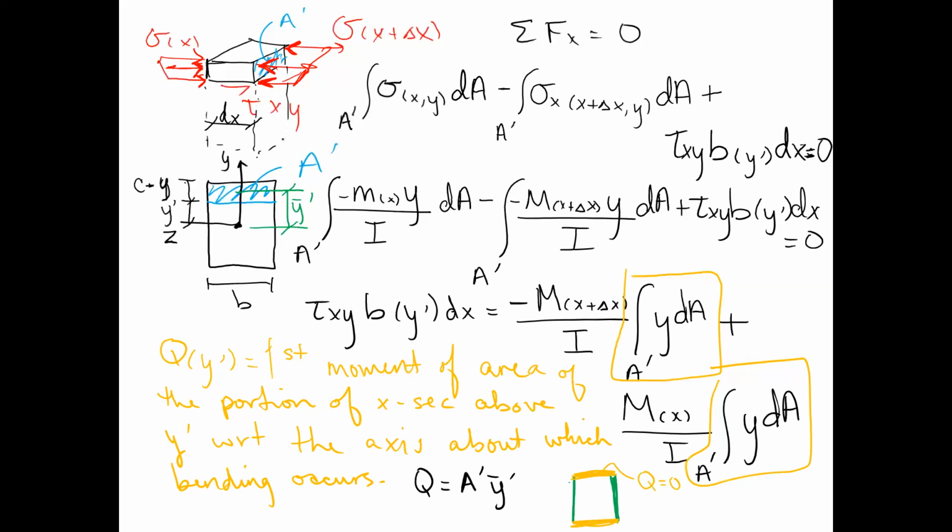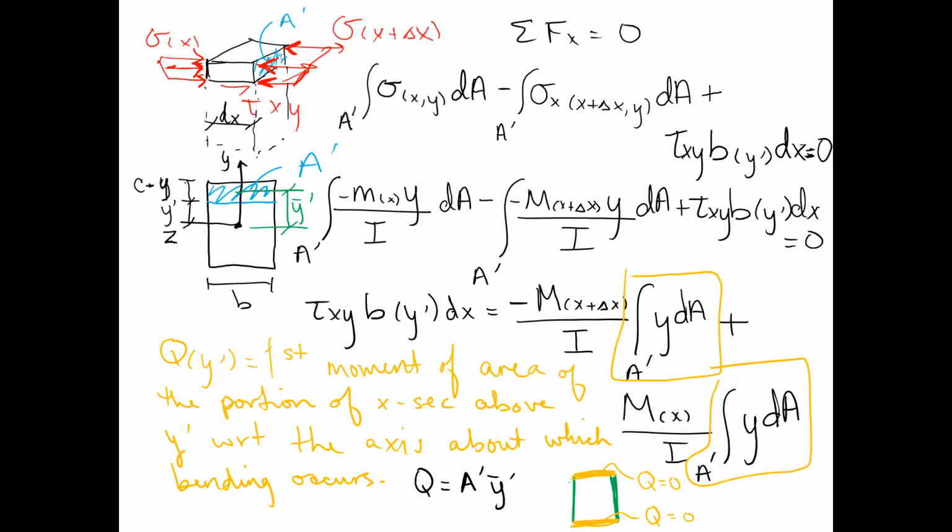What do you think about at the very bottom? Okay, why do you think it's 0? Yes, Y bar prime would equal 0. So when you're at the bottom, the area of the portion we're looking at is the same as the overall area. Therefore, the distance between those two centroids is 0.